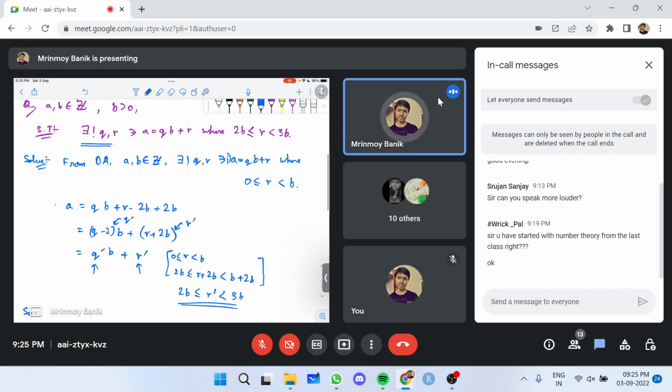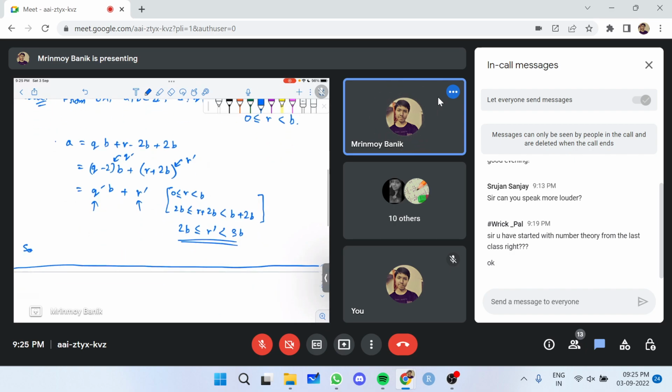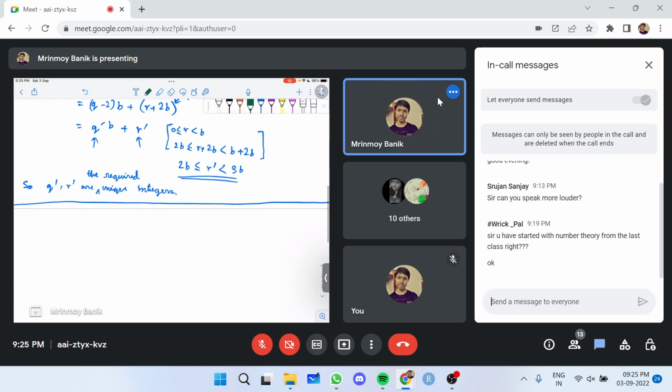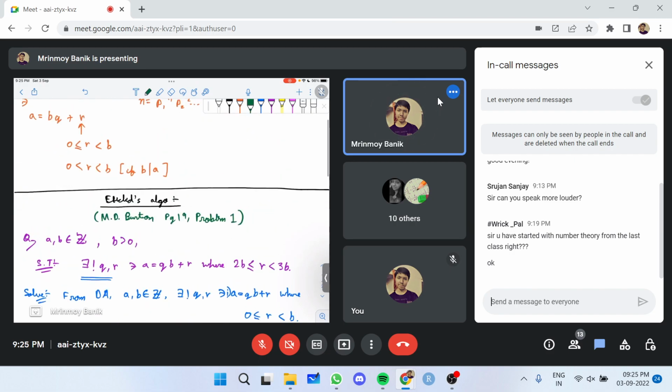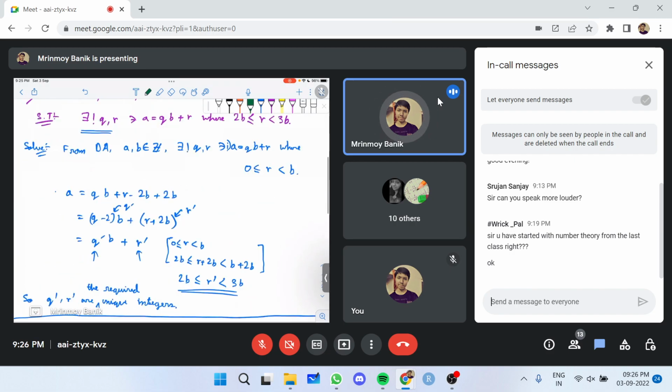It follows from q and r being unique. So q dash and r dash are the required integers. Okay, so Euclid's algorithm.